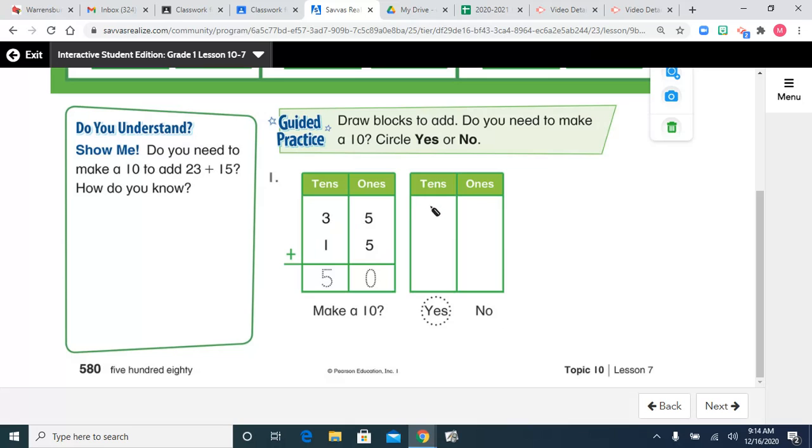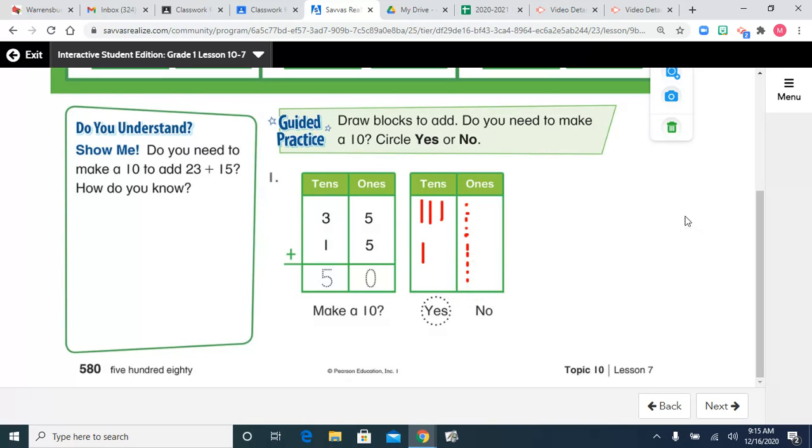Okay, so let's start with 35. So we need 3 10s because there's a 3 in the tens place. 1, 2, 3. And we need 5 1s because there's a 5 in the ones place. Okay, now let's go down to 15. All right, there's a 1 in the tens place, so we need 1 10, and then we need 5 more cubes.